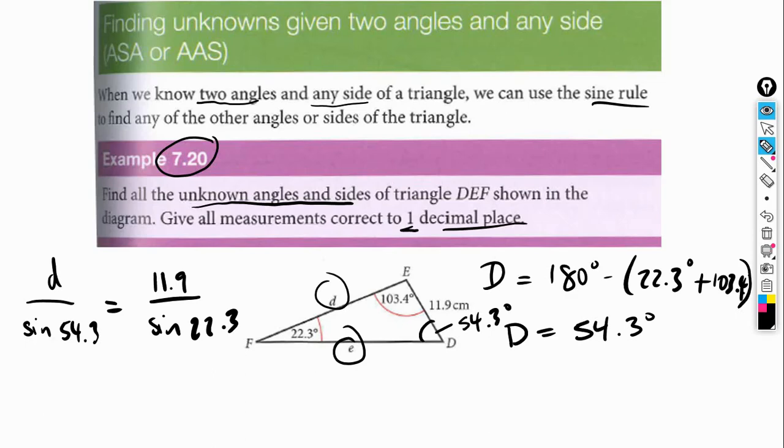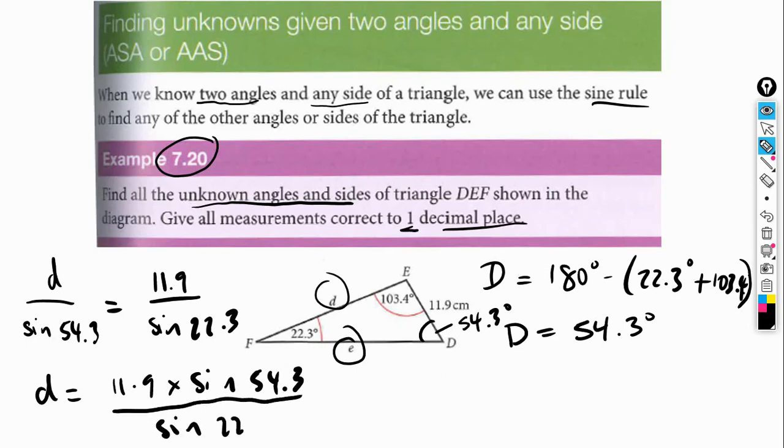So we can solve for D here, and D would then equal 11.9 times sine of 54.3 divided by sine of 22.3, and this will equal approximately 25.5 centimeters. Now this is because they want us to round to one decimal place.